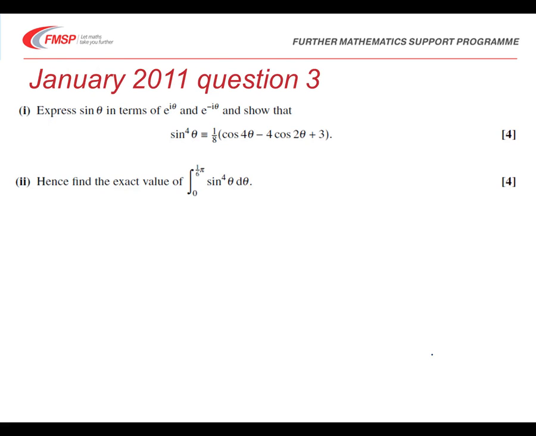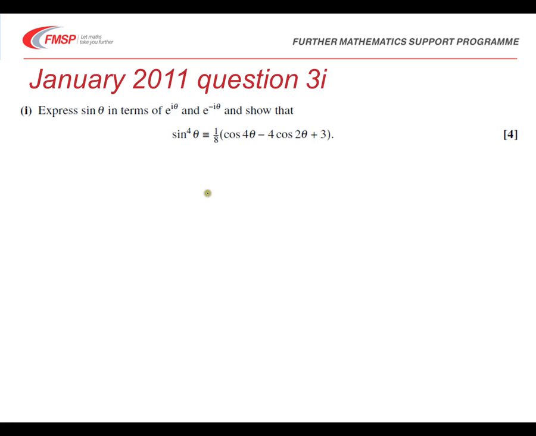We'll start with one that looks at this e to the i theta and e to the minus i theta form. So, reading through the whole question, you're asked to express sin theta in terms of e to the i theta and e to the minus i theta, and then, using that, show that sin to the 4 theta is an 8th of cos 4 theta minus 4 cos 2 theta plus 3, and then secondly, use that to solve an integral.